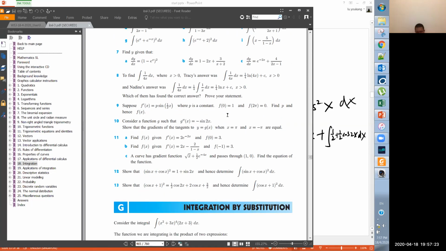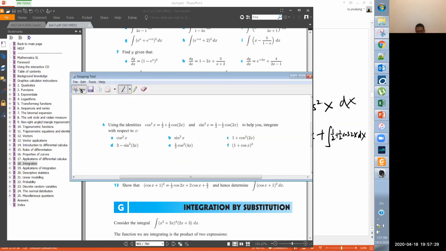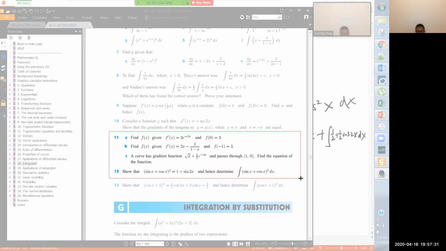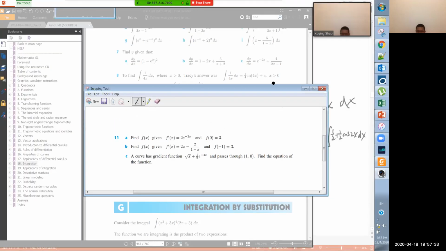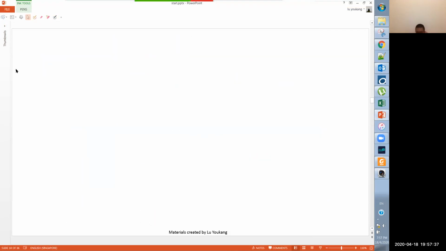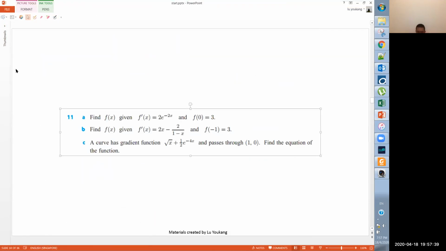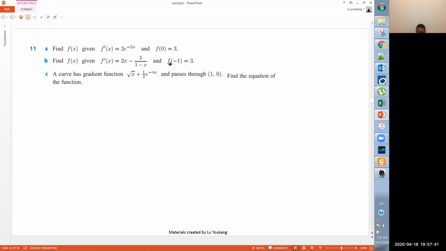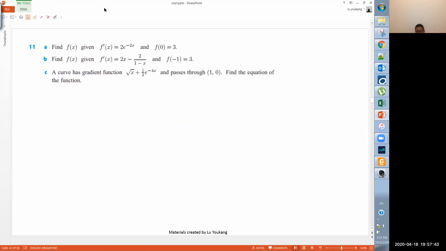Okay, let's take a look at a question. Okay, let's take a look at 11. Okay, for 11, the differentiation for exponential function is this.